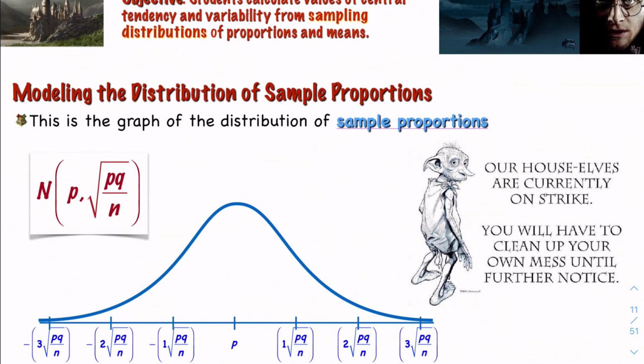So here we go. Here is our graph of the sample proportion. And in fact, the distribution of sample proportions will be centered at the true population proportion and going up to the right or to the left, 1 standard deviation or 2 standard deviations or 3 standard deviations.